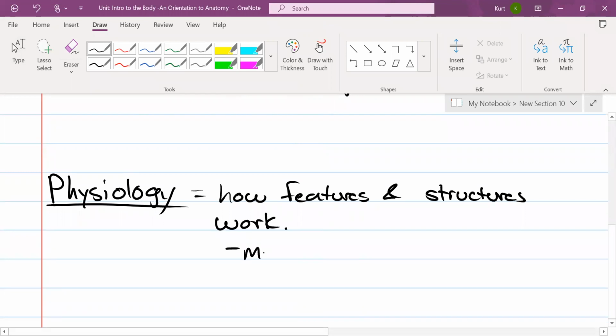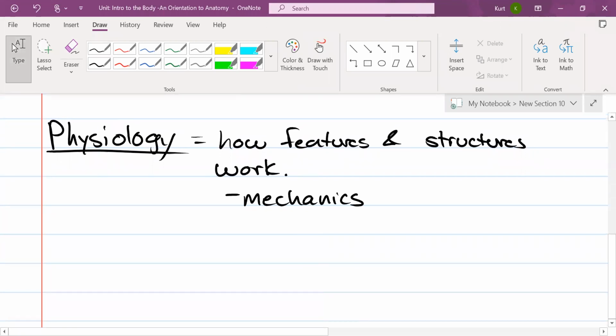So this is more like the mechanics. And that's what this class is going to be about. What body parts are made of, how they're shaped, and then how they work.